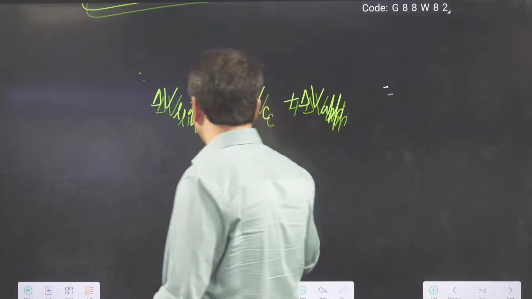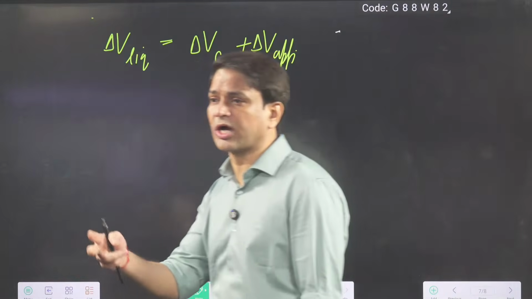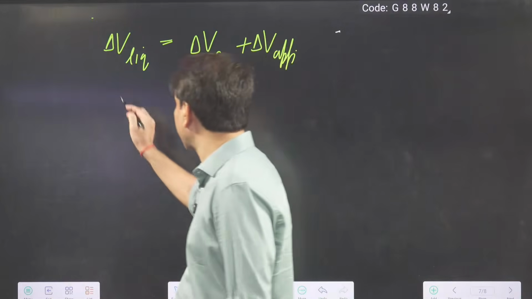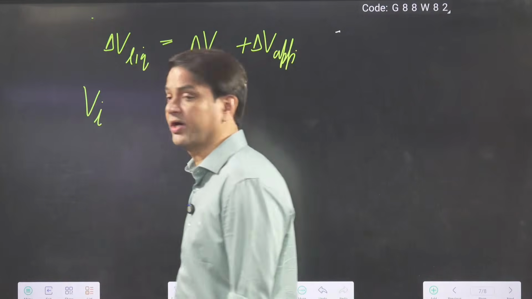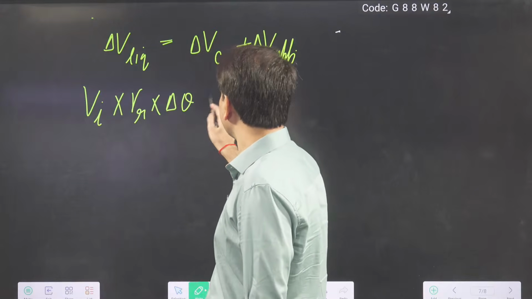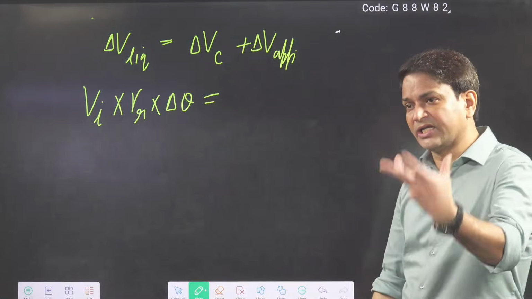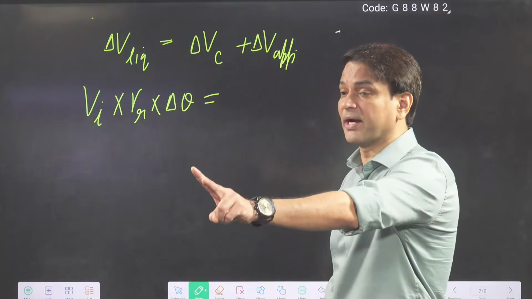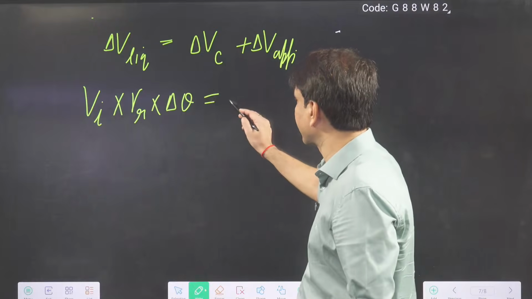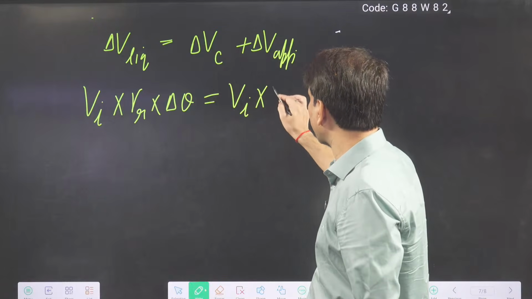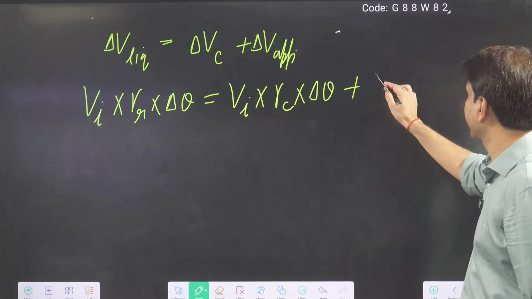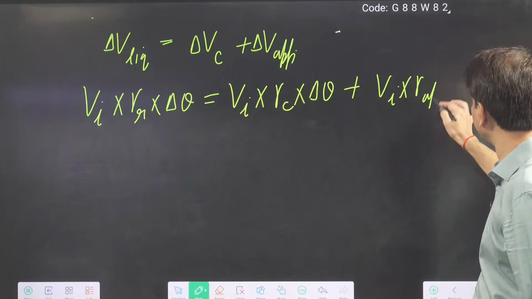Now delta V, what is the formula? V initial into gamma into delta theta. What I said, the container is completely filled, so I will take the initial volume of the liquid Vi into gamma real into delta theta is equal to the container volume, and the initial volume of the liquid, both are the same. So the container volume also I will take Vi into gamma container into delta theta plus delta V apparent, which is initial volume into gamma apparent into delta theta.